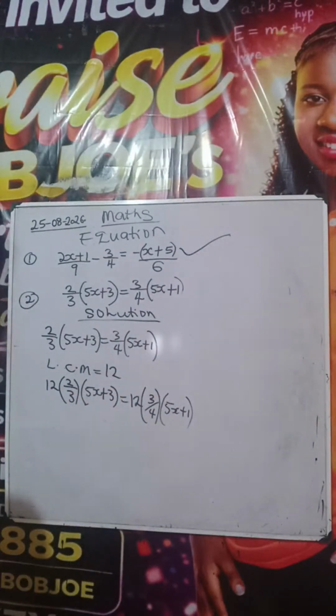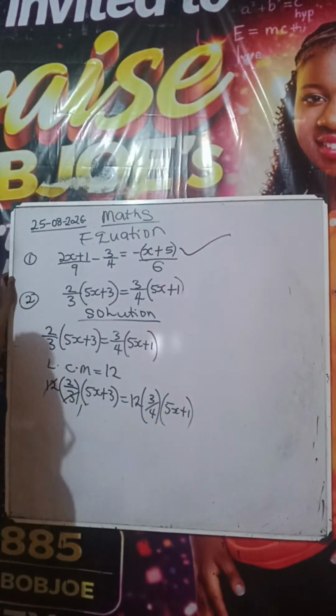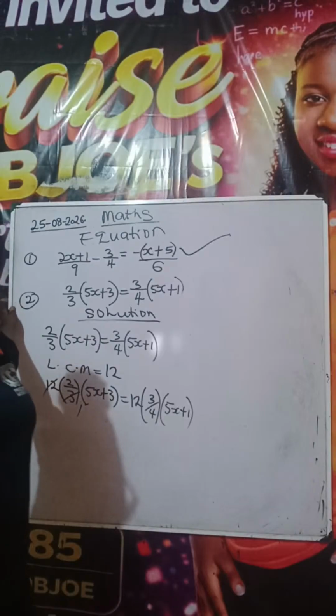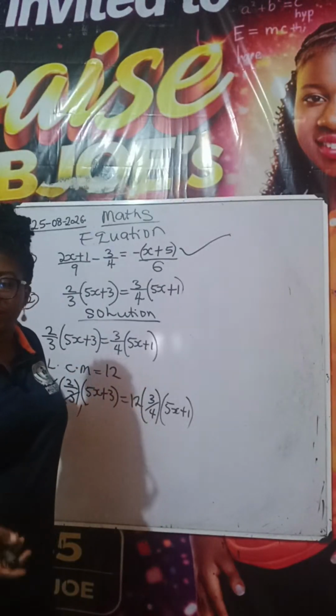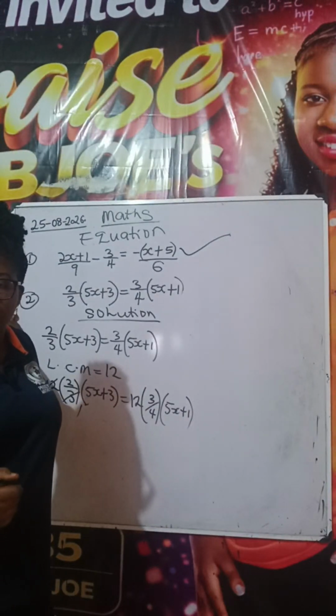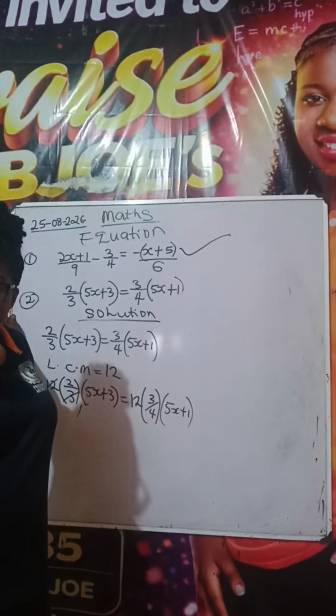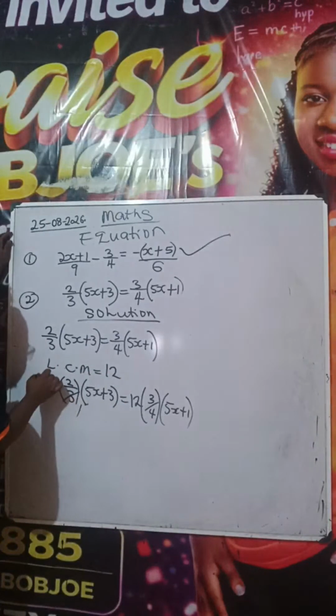So which one that can divide? Which of them? 3 divide itself 1. How many 3 in 12? 12 divide 3. What do we have? 12 divide 3 is 4, correct. So we have 4 here.